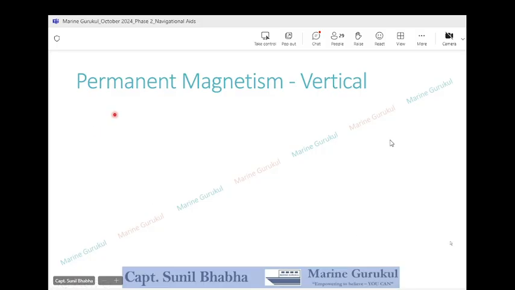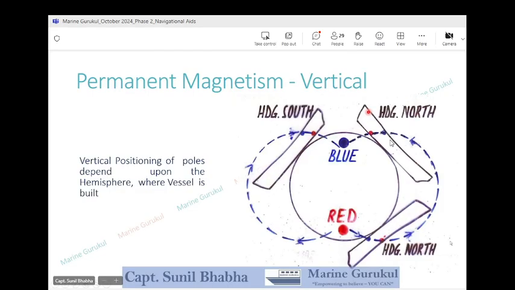Now let's see the vertical positioning of the poles of the permanent magnetism of the ship. Now for this, let's make another diagram.